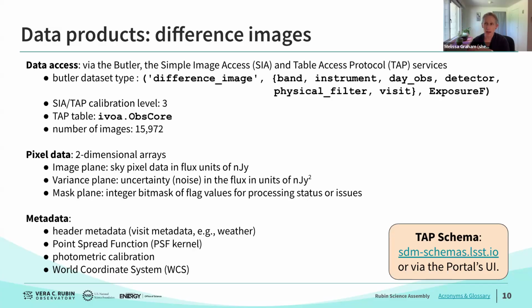Every image also comes with header metadata about the state of the observatory at the time, the PSF, the photometric calibration that was applied to convert the instrumental fluxes into nanojanskys, and of course the WCS, which is the World Coordinate System. This is not unique to difference images. All of Rubin's images come with basically the same set of information.